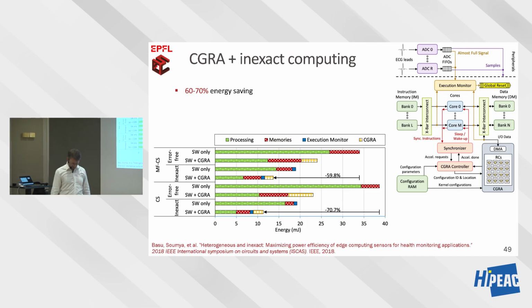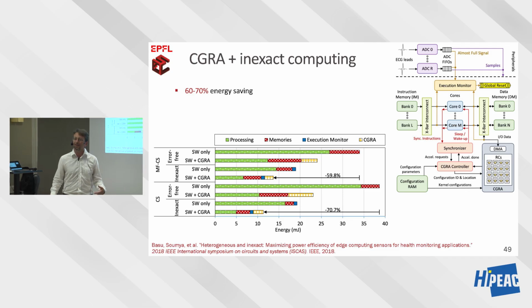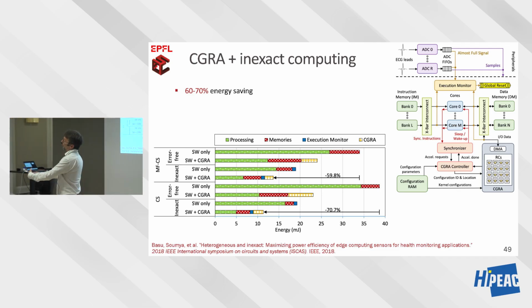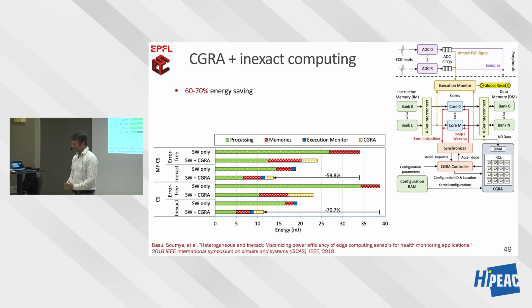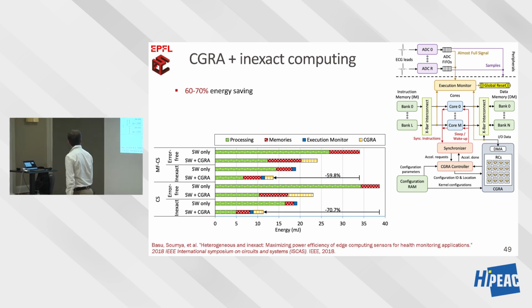So the nice thing about architecture research is that once you have developed blocks, it becomes easier and easier to develop further blocks and to see how they interact with each other and how different opportunities can synergize in order to have even better results.